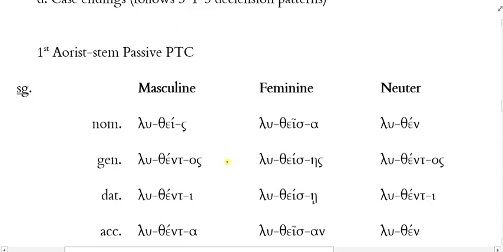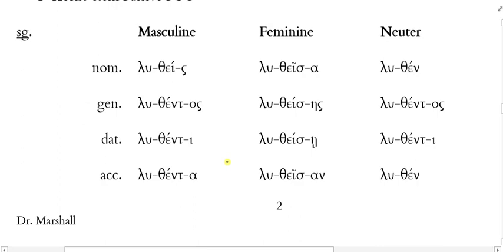So let's take a look at the forms of luo. And again, I'll explain what happens here. The lu plus the theta epsilon plus the nu tau, and then the sigma for the nominative masculine singular third declension case ending. It should have been luthents. Now you know what happens to the nu tau, right? Before sigma, dentals fall out. So I'm left with luthes. So what's going to happen to this short epsilon to compensate for the loss of these consonants?